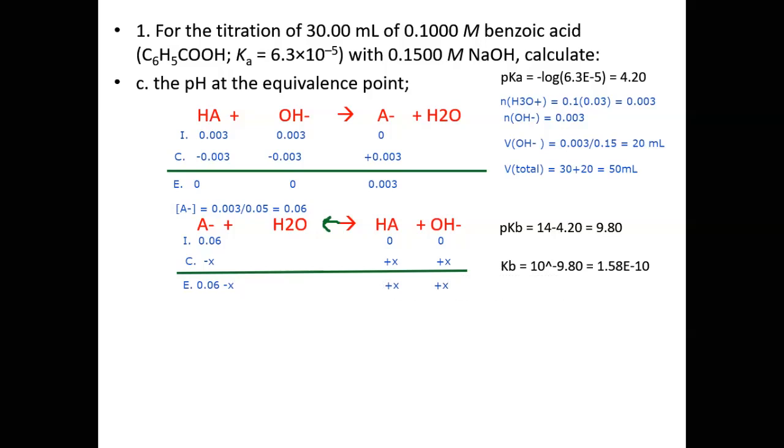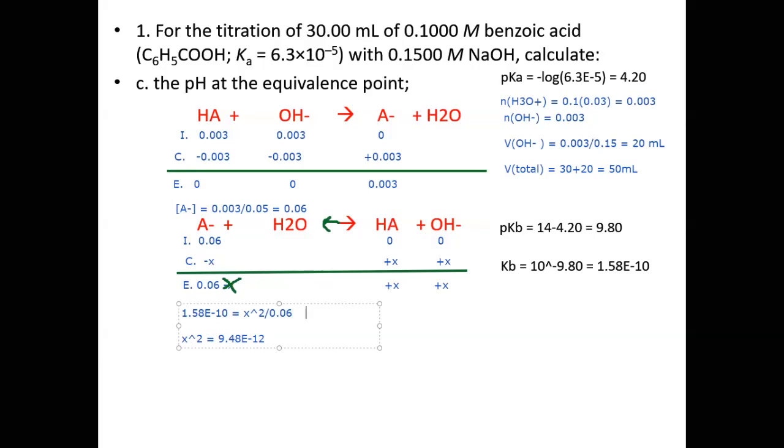So notice here that the Kb is a lot smaller than the initial concentration of 0.06, so we can neglect that. And so then we get 1.58 e to the negative 10 equals x squared divided by 0.06. X squared equals 9.48 e to the negative 12.